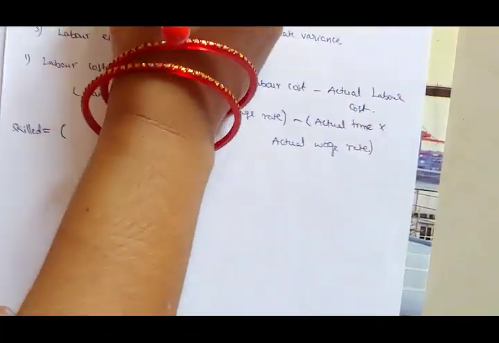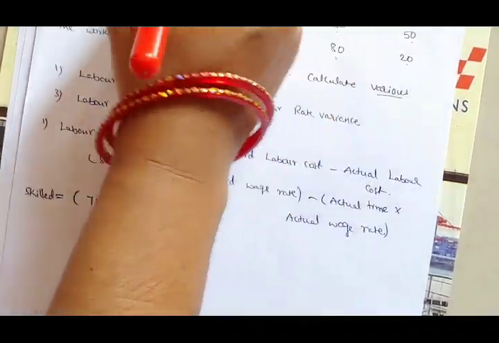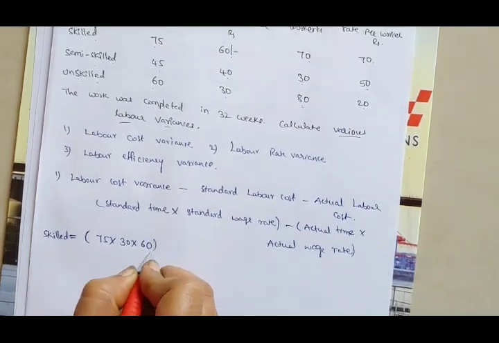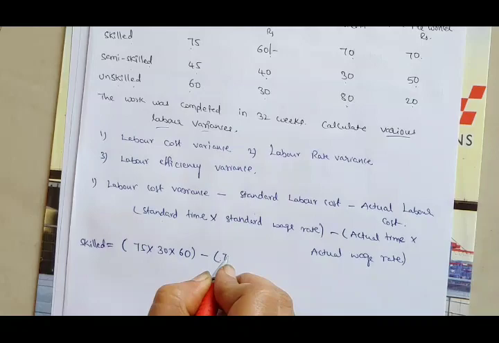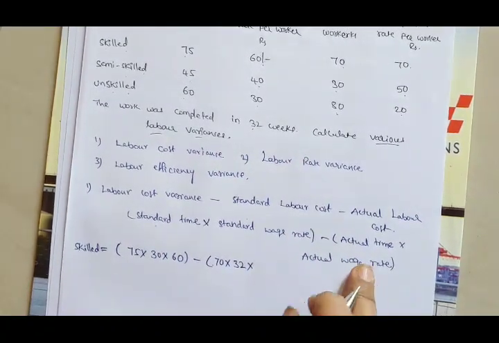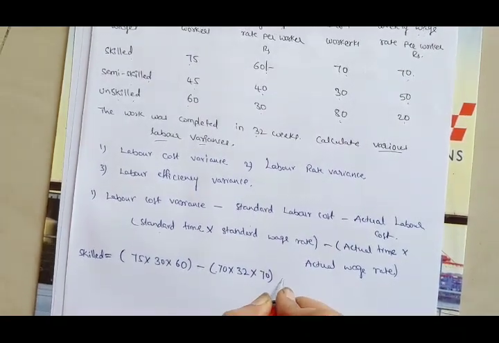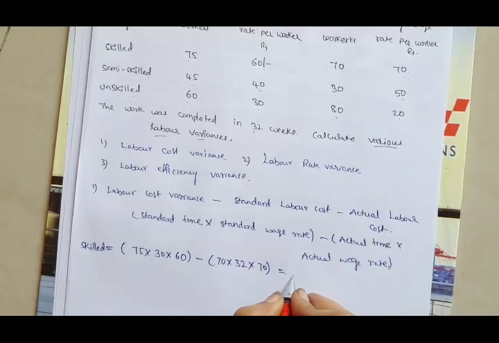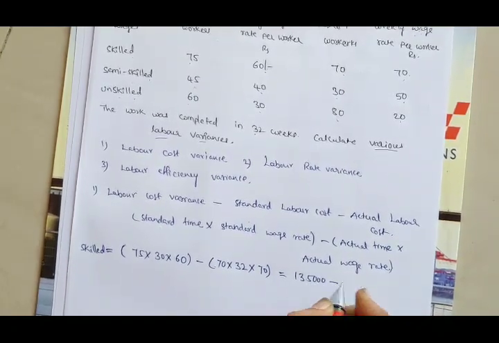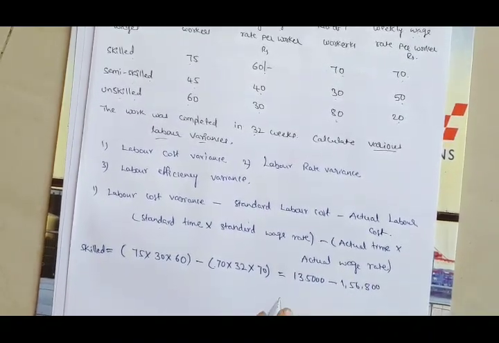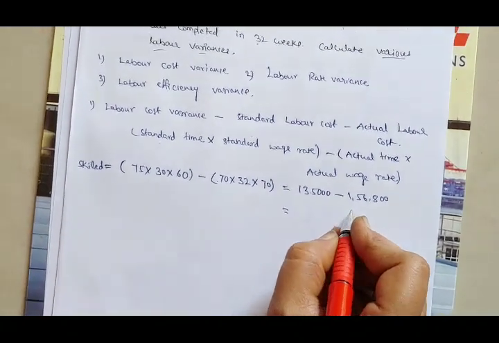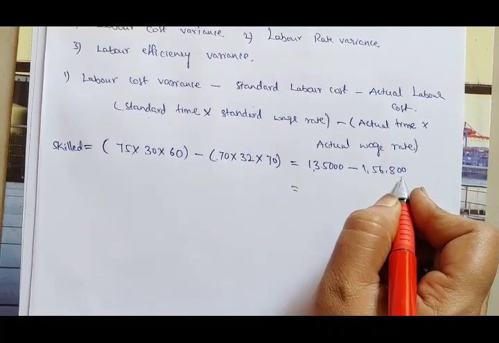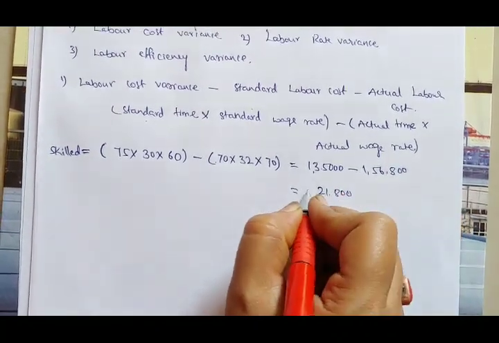Skilled: standard time is equal to number of workers into standard 30 weeks, 75 into 30, into standard wage rate of 60 rupees, minus actual time, which is 70 members completed in 32 weeks, into actual wage rate of 70. This equals 1,35,000 minus 1,56,800, which is equal to minus 21,800. It is unfavorable.